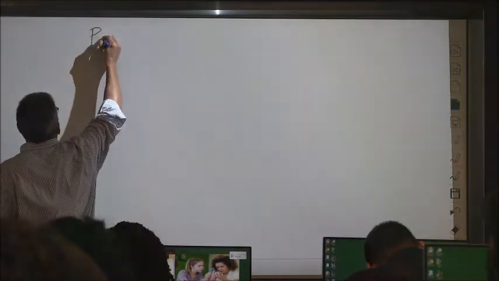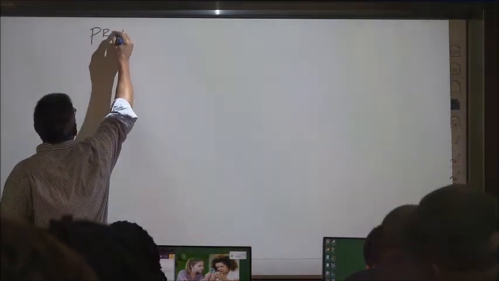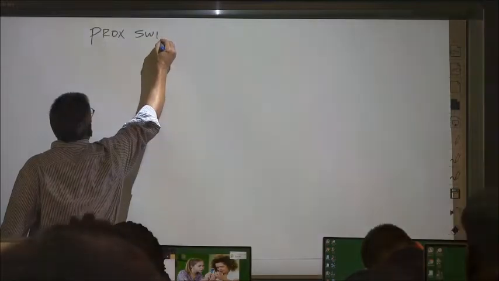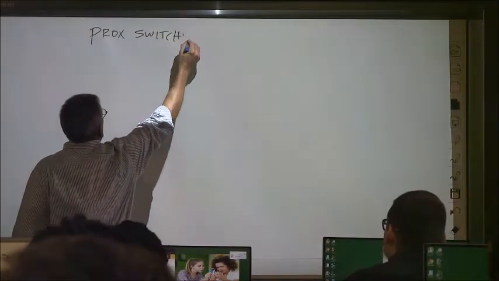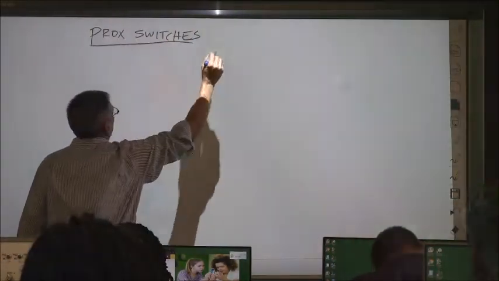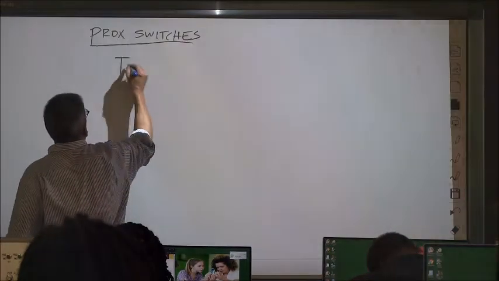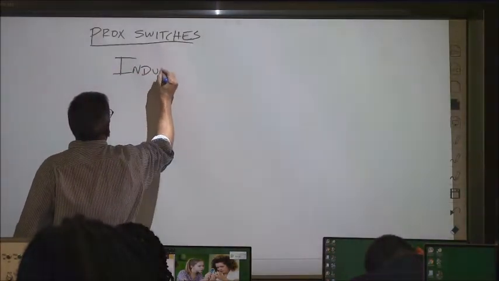And some of those include prox switches, limit switches, photo eyes, photoelectric sensors, that type of stuff. Proximity switches. What are the two types? Inductive.